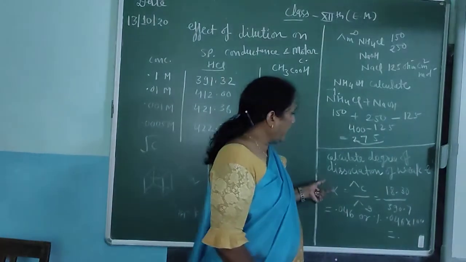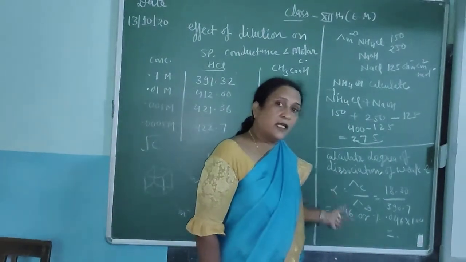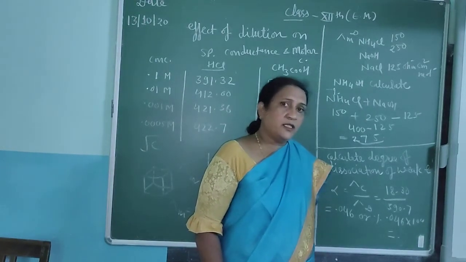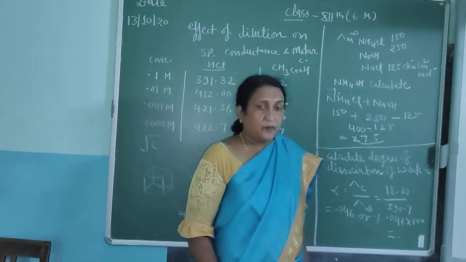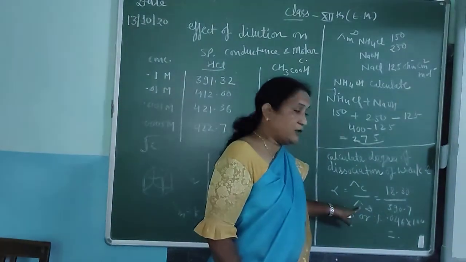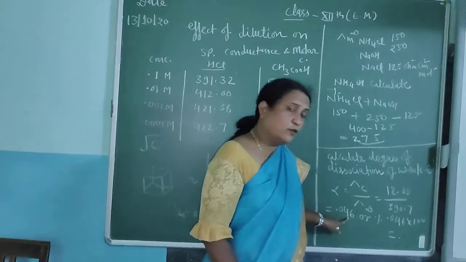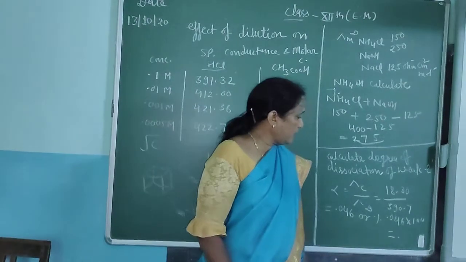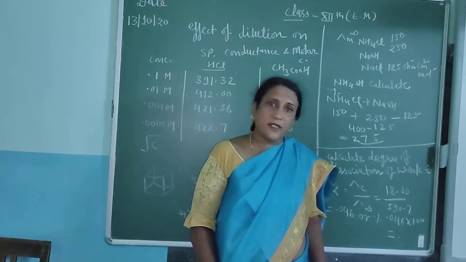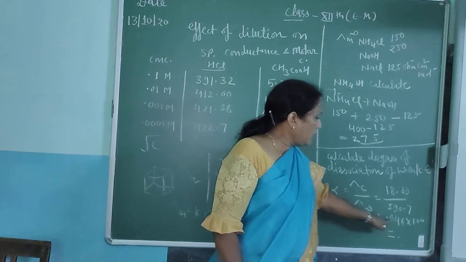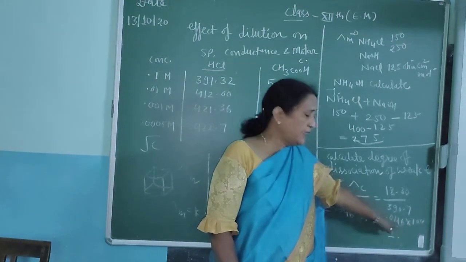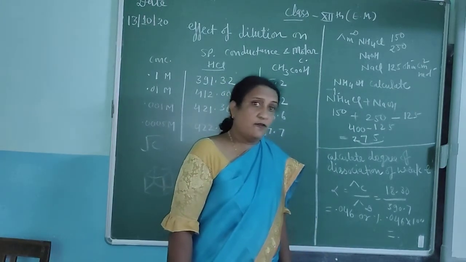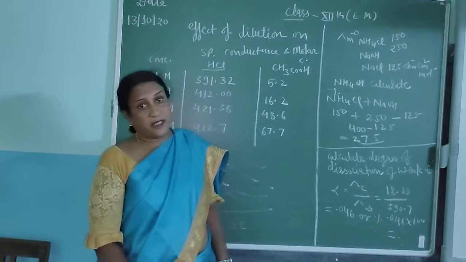So what will happen? Degree of dissociation is the ratio of conduction of the weak electrolyte at a particular concentration to that at infinite dilution. When you solve the sum, the ratio will be 0.046, and if you want to calculate the percentage, that will be 0.046 multiplied by 100. Your answer will be 4.6%. The ionization of the acetic acid will be 4.6%.